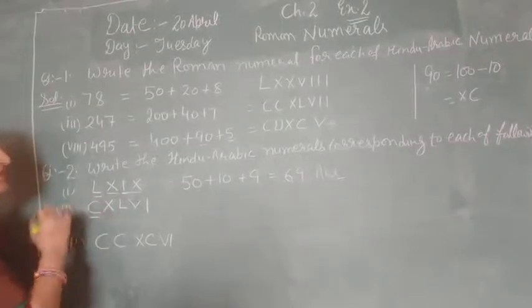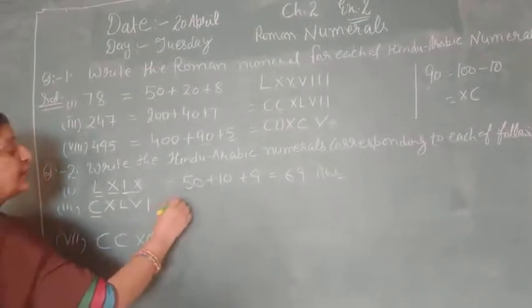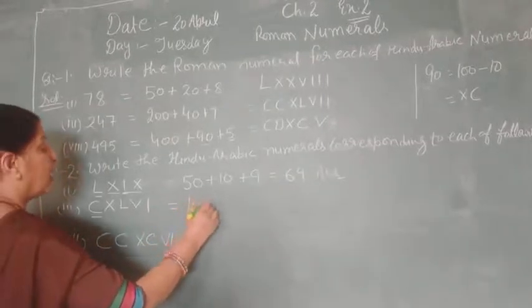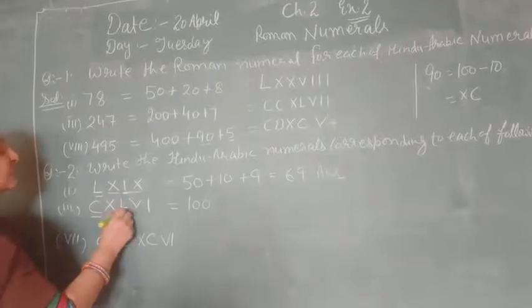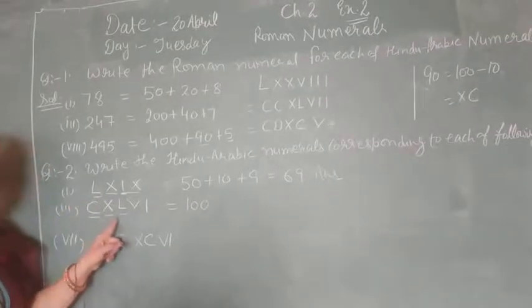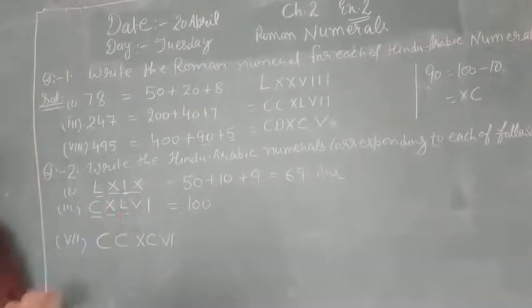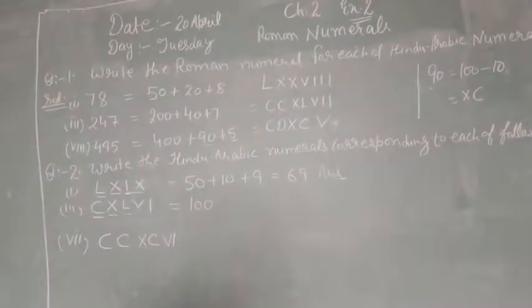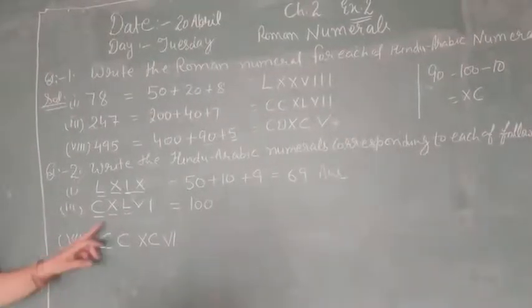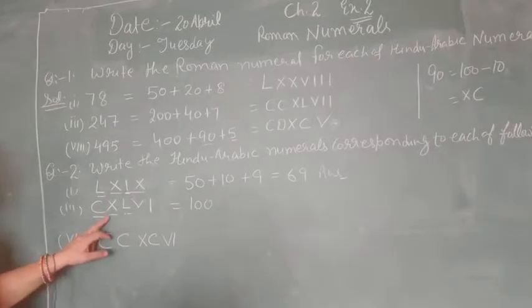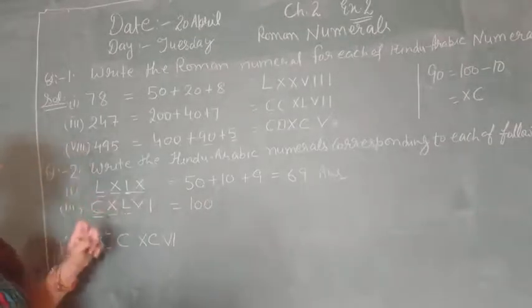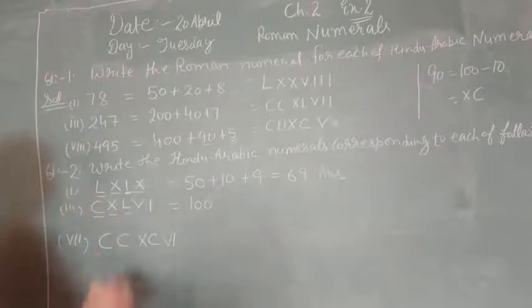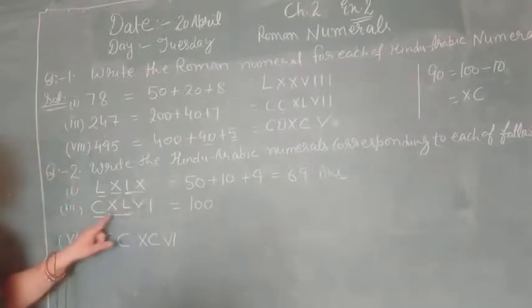Now we see the next part of this question. The first symbol is C, and we know that C is used for 100. Now the next symbol is X, and the next one is L. Again here L is a bigger number and X is a smaller number. L is used for 50 and X is used for 10.